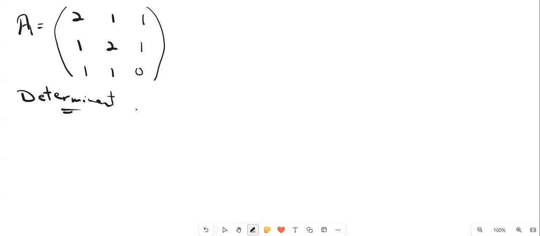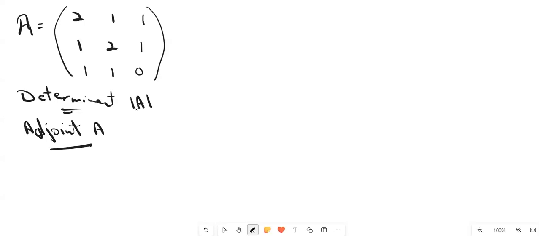To get the inverse, you have to multiply the determinant, which you call A with a little bar on the side, and you have to multiply that by what we call the adjoint of A, or A adjoint, some books will tell you.